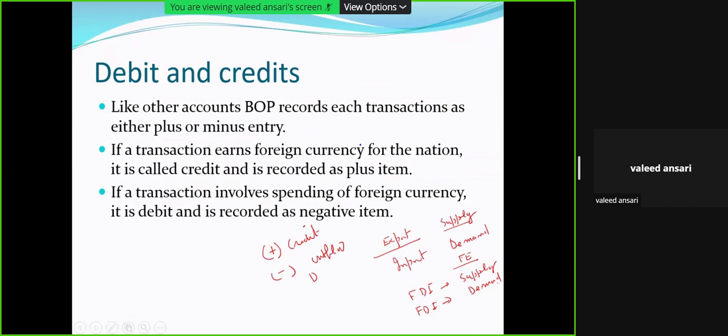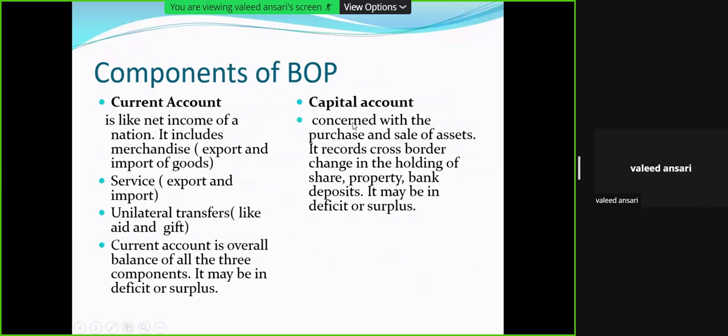So based on this, there are two main accounts. One account is the current account. It is like income. It includes export and import of goods, like export, which is the supply, and import, and the difference. Then export of services and import of services like banking, insurance, and other services.